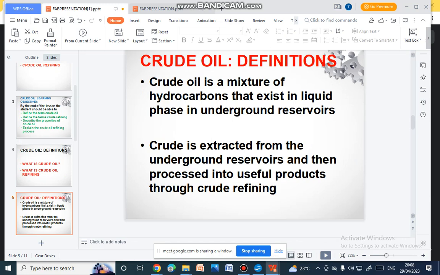Crude actually exists between layers of sedimentary rock, and here it may exist together with other substances such as water and even gas. This crude is extracted from these underground reservoirs and then processed into useful products through the process of crude refining.